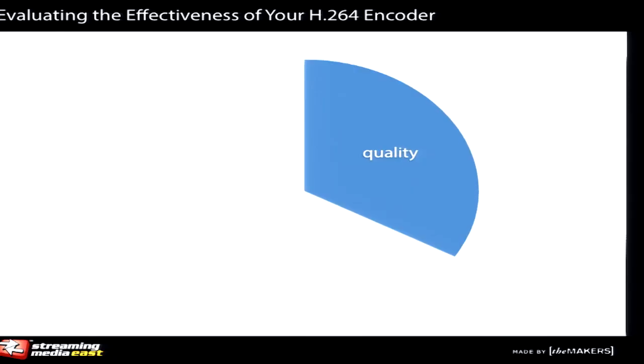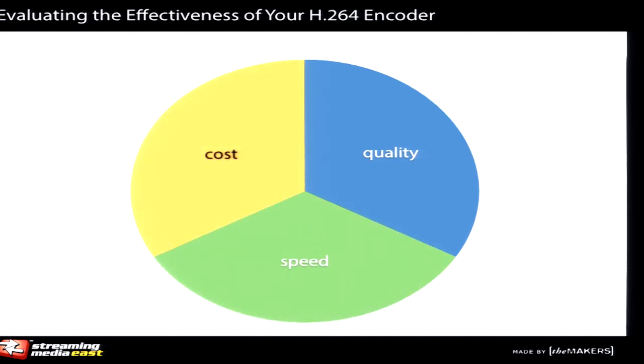There's effectively three qualities that I think anyone would look for in a good encoder: quality, speed, and cost. All three of these factors working together probably make up 90% of the decision making that goes into any encoding workflow. And I think most of us really care about the first one, which is quality.